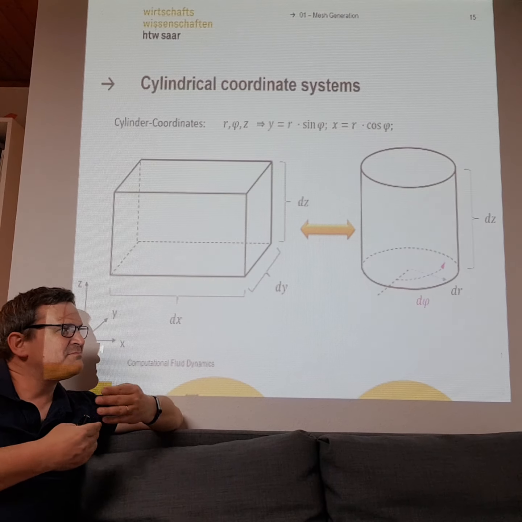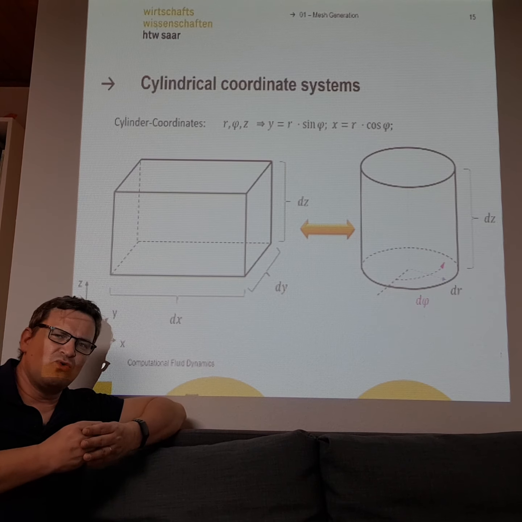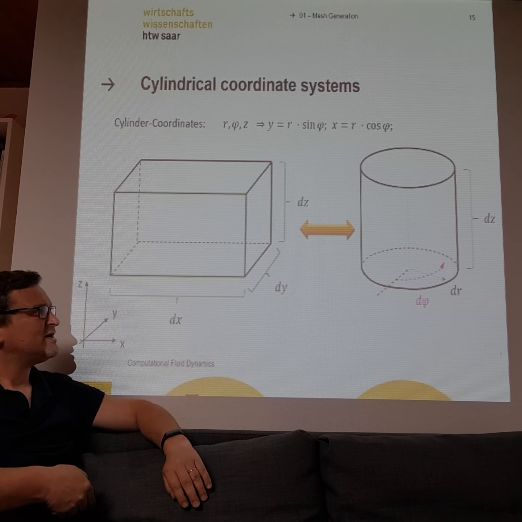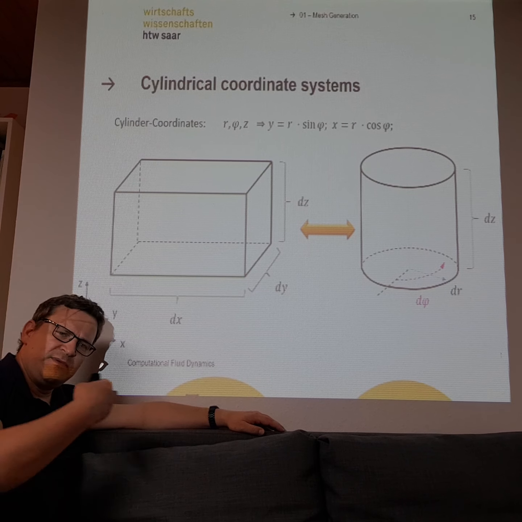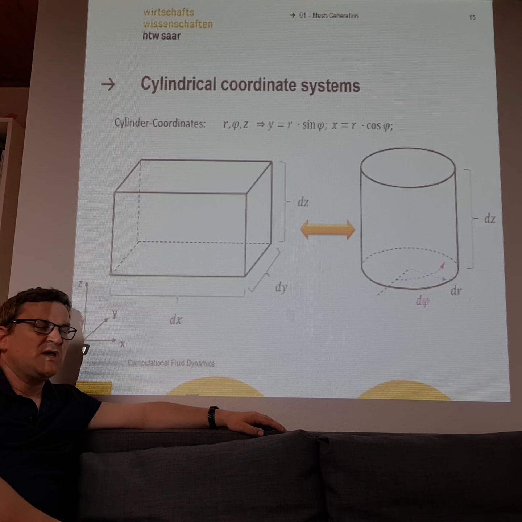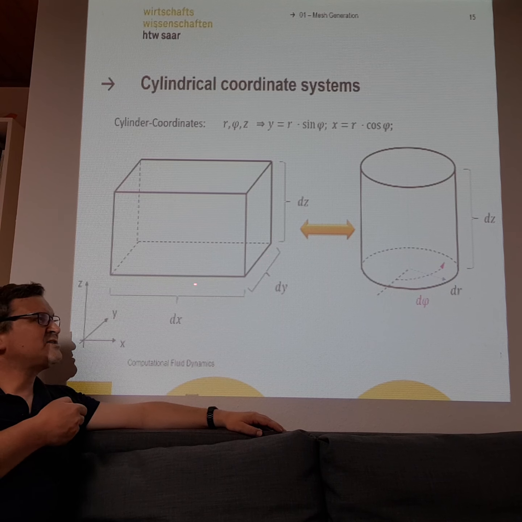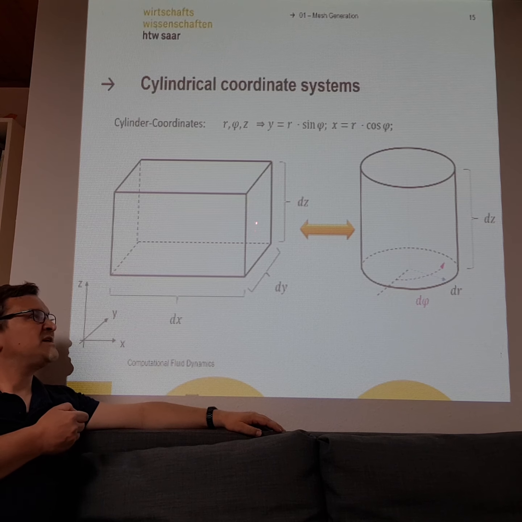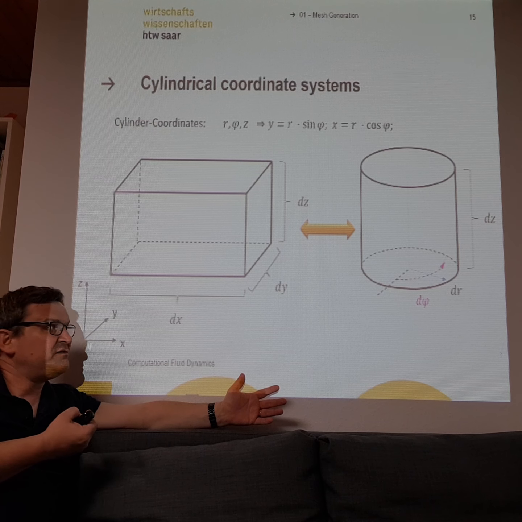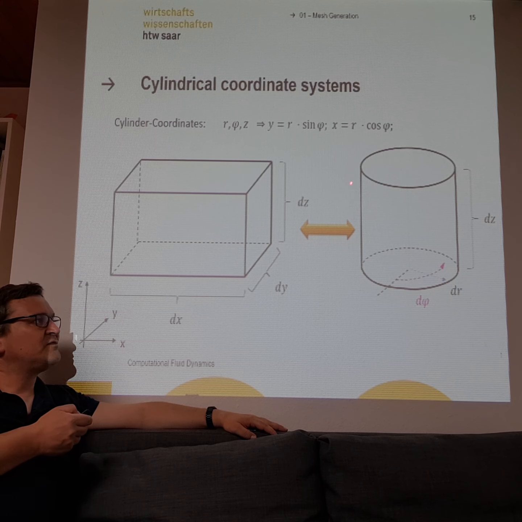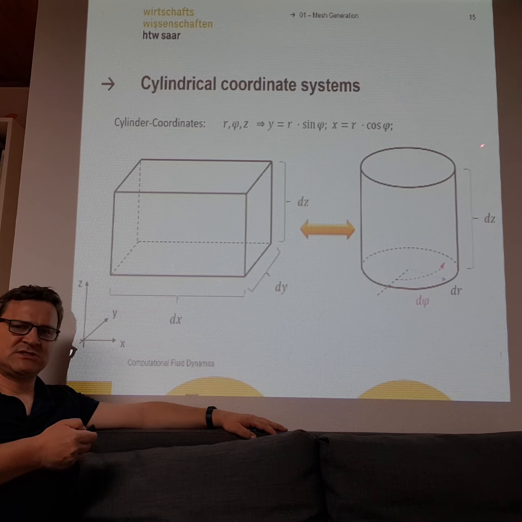Cylindrical coordinate meshes are not so common anymore. In former times, maybe 20-30 years ago, we had a lot of Cartesian meshes, and everything looked like in Minecraft, and we had a lot of cylindrical meshes.